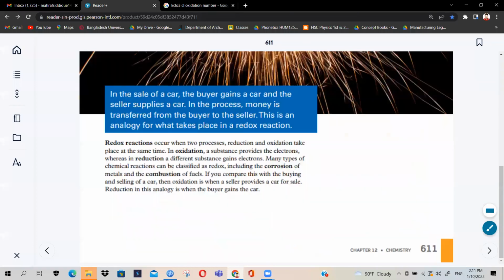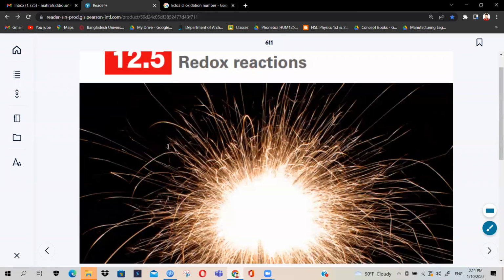And redox reactions. Just to give you a brief idea, we'll get into deeper explanations the next day. So redox reactions: red plus ox equals redox. Here red represents reduction, ox represents oxidation.